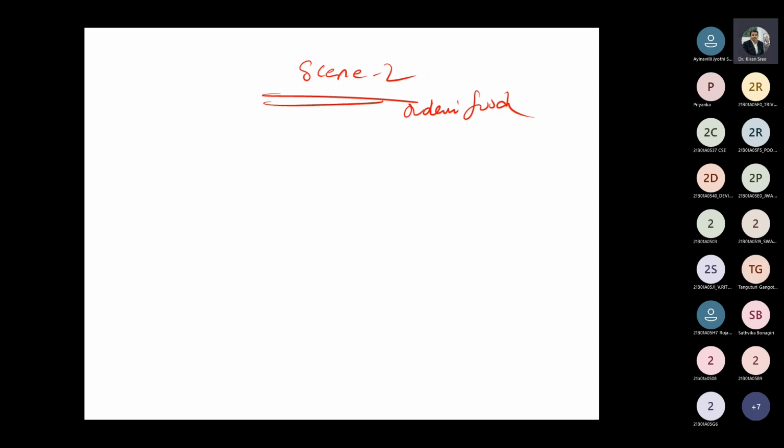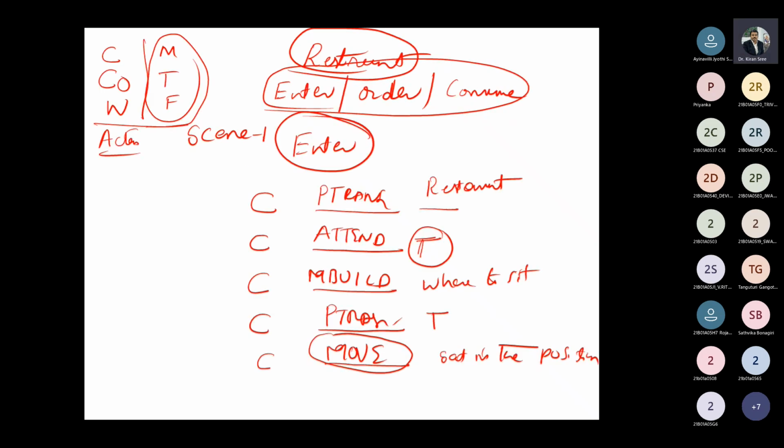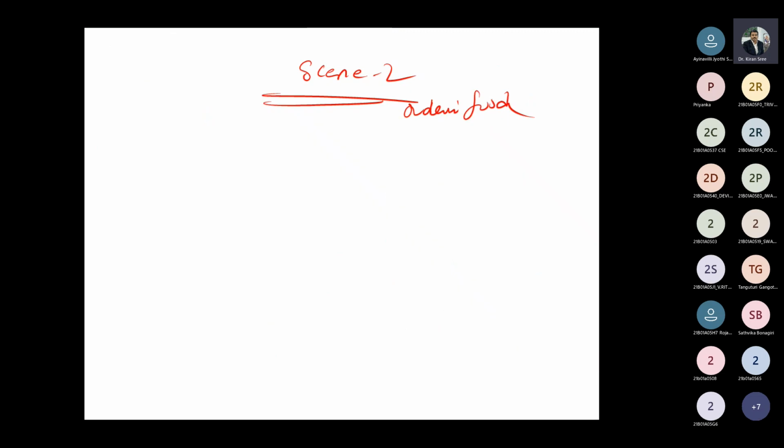So assume that the customer has asked for a menu. Customer asks for a menu. What do I have to do? The customer has asked the waiter for a menu.